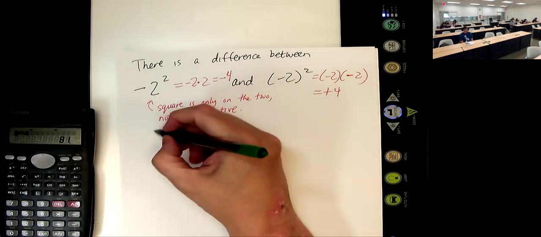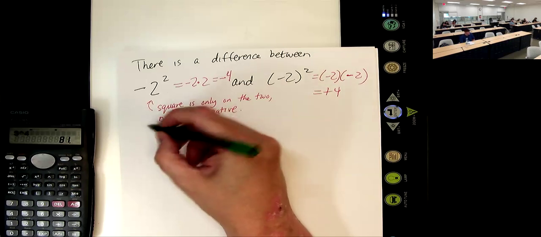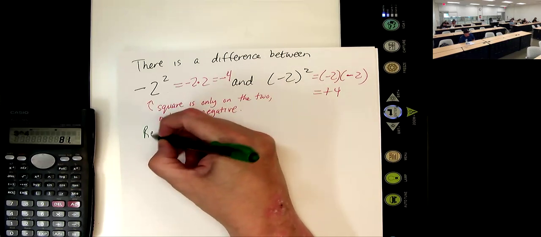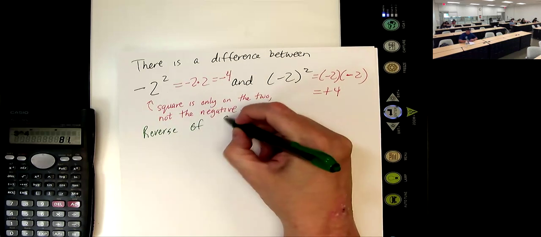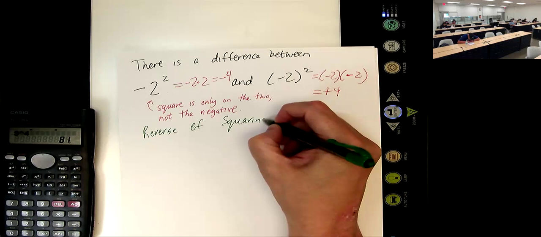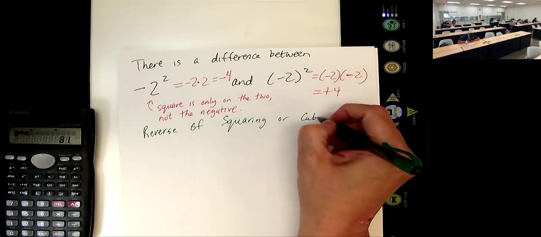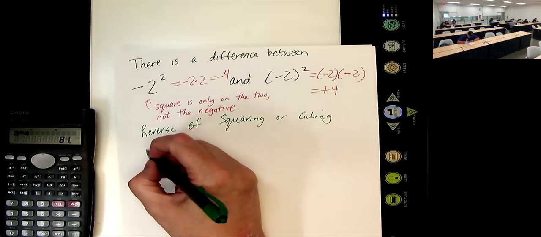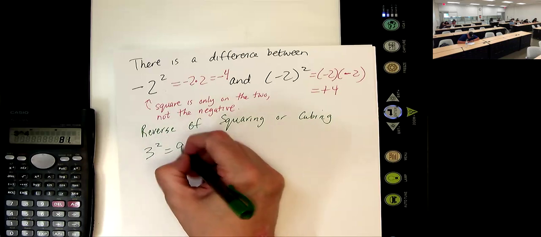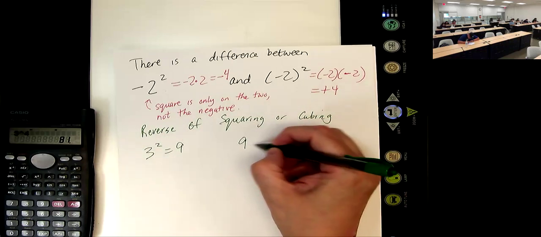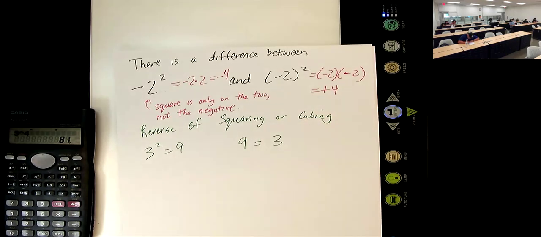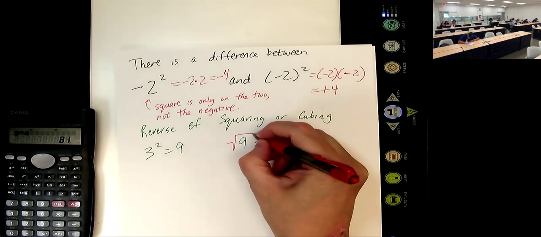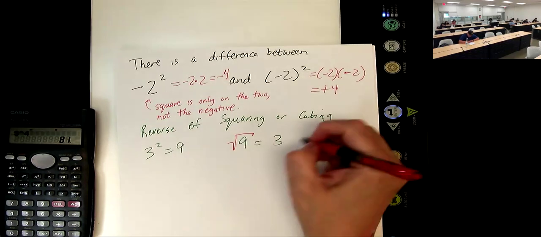Something that goes along with squares and cubes is the reverse of squaring or cubing. Three squared is 9. There's an operation I can show that ends up with 3, and it's that, which is called the square root.